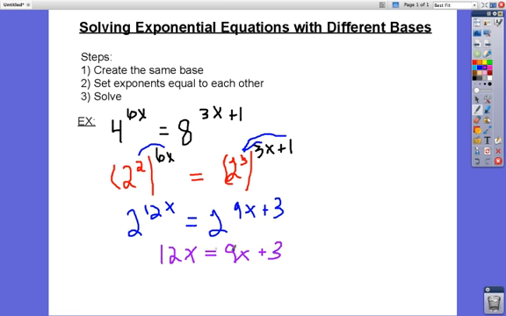So we have x's on both sides of the equation, so we're going to want to move them to one side. So in this problem we are subtracting 9x. And that's going to give you 3x equals 3. Divide by 3, and in this problem x equals 1.